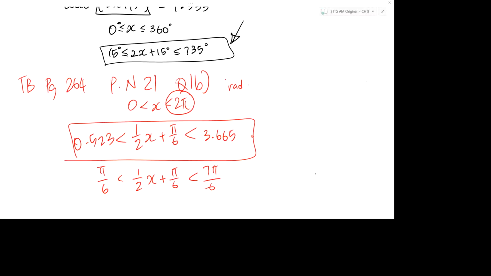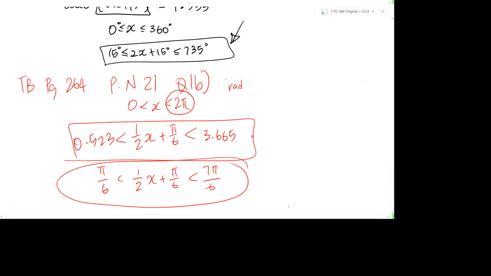In this case, for radian, we'll be adding 2 pi. You add 2 pi, add 4 pi, add 6 pi. So sometimes you will need to press calculator to figure out, hey, does it still fall within the range? So you need numbers to be able to help you understand whether they fall in the range or not. Then the advantage of having it in this pi form is that it is the exact value. Okay? So you need to be comfortable with both. You need to be able to use both. Can? Yes.